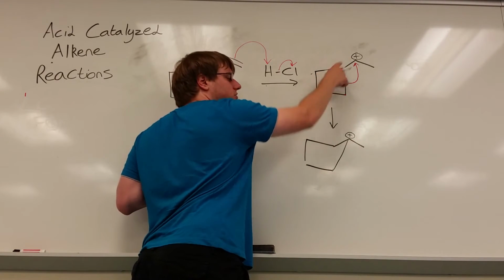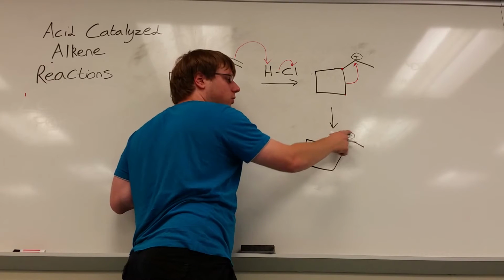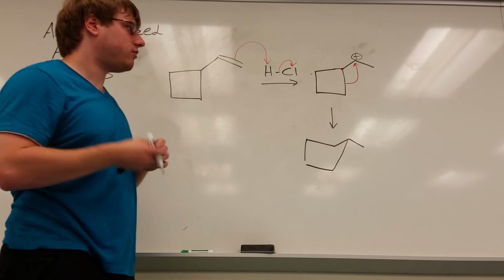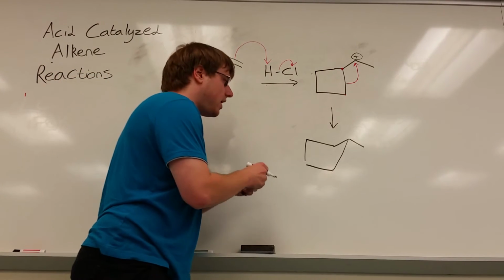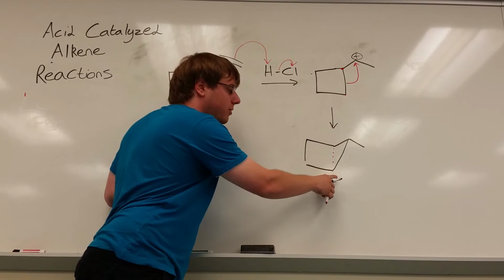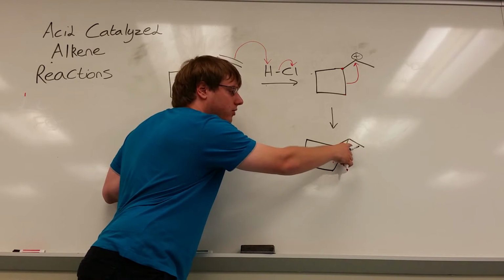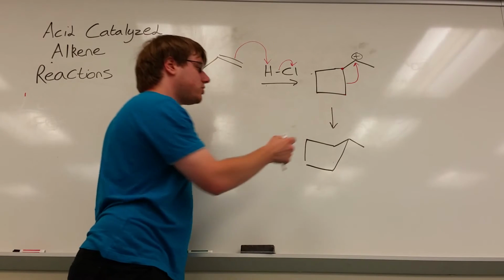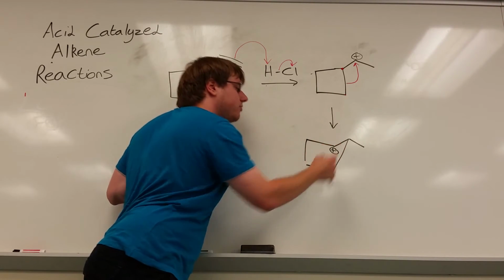This carbon was positive, but by getting this extra bond here, it will lose that plus charge. However, a new carbon will become positive because we formerly had a bond here, right? This carbon gave up that bond and made a new bond there, so it's fine. But this carbon up here gave up that bond and got nothing in return, so it will now become positive.